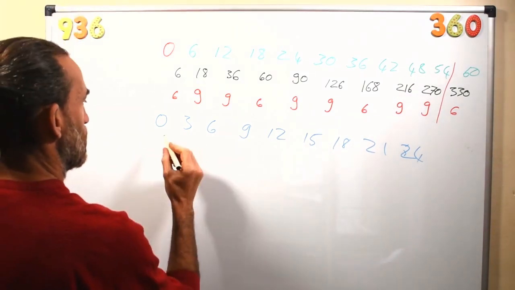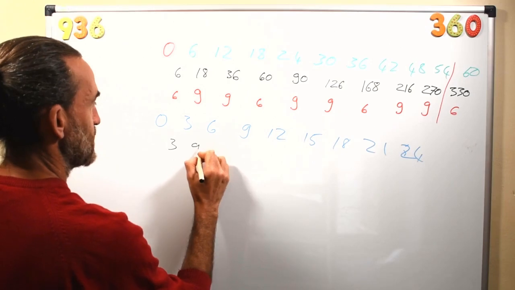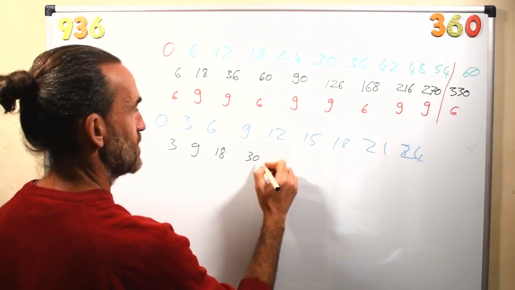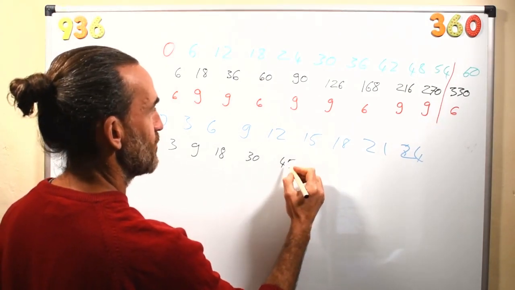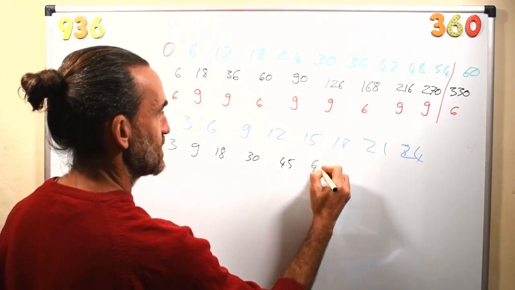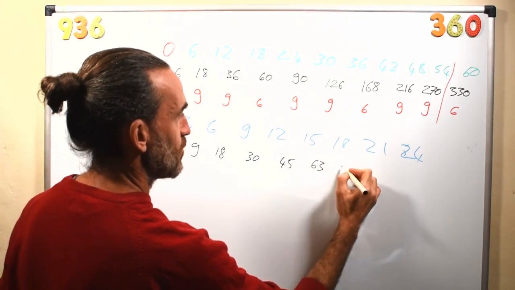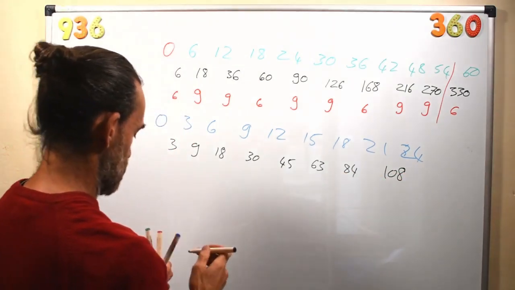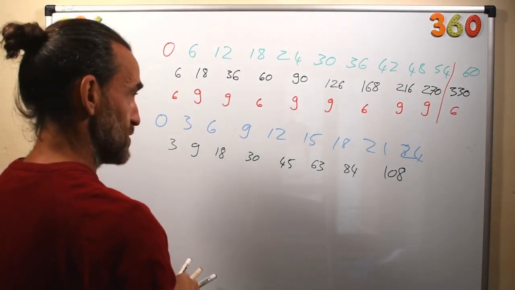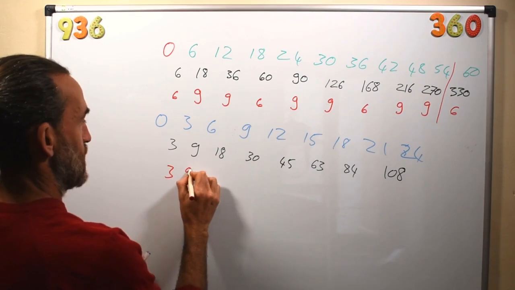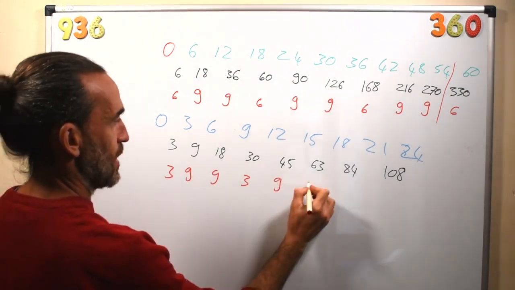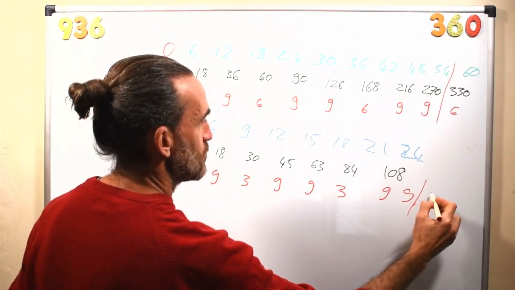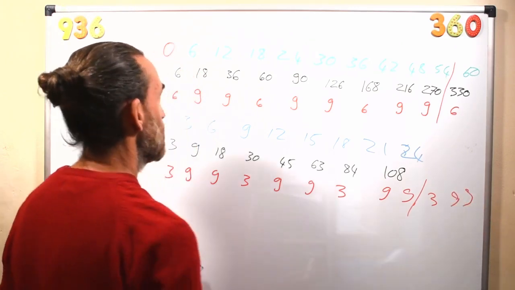So 3 here, 3 plus 6 is 9, 9 plus 9 is 18, 18 plus 12 is 30, 30 plus 15 is 45, 45 plus 18 is 63, 63 plus 21 is 84, 84 plus 24 is 108. So root numbers 3, 9, 9, you get the pattern 3, 9, 9, end of the 9 sequence, 3, 9, 9, and so on and so forth.